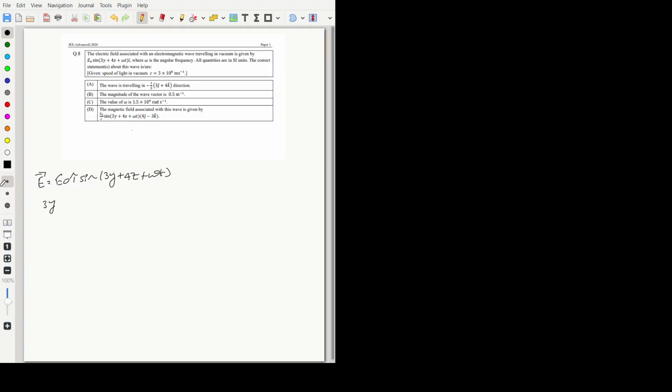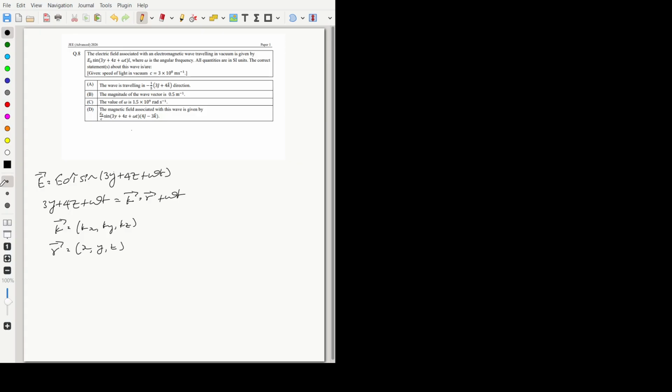This way I can obtain the wave vector. Right. And I know that this is just kx, ky, kz. Similarly, r is x, y, z.